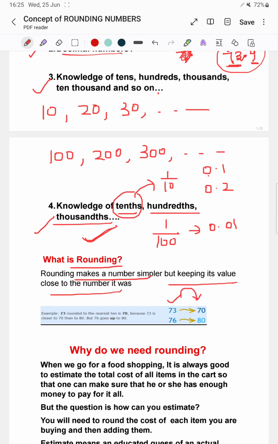So between 70 and 73, there is a difference of just 3. But if I need to remember the numbers in tens like 70, 80, 10, 20, it's easy as compared to remembering numbers like 73, 45, 99 and so on. So rounding makes the numbers simple, but again keeping its value close to the actual number.